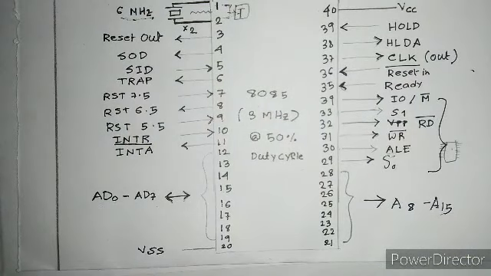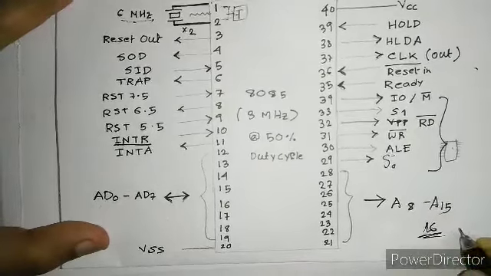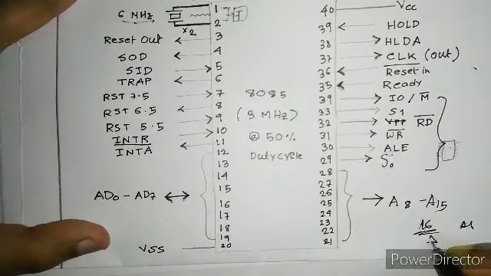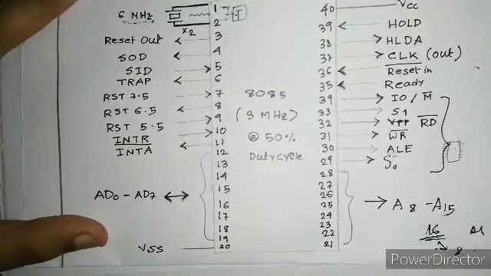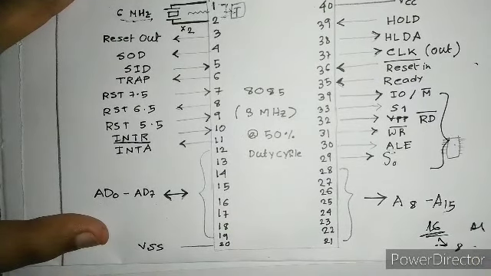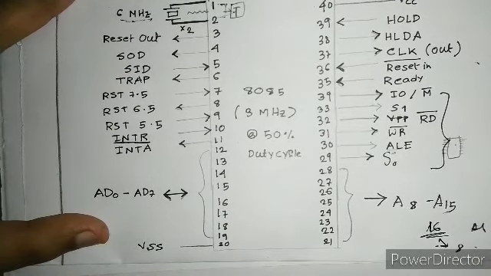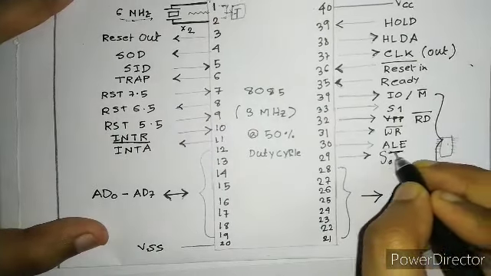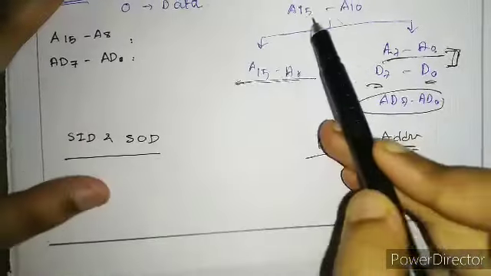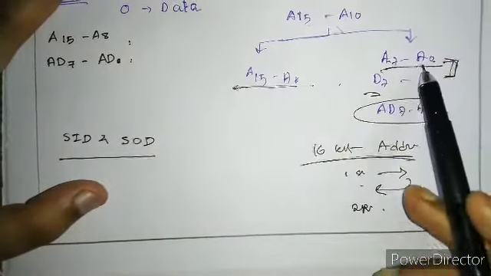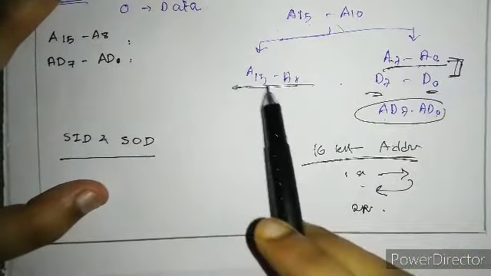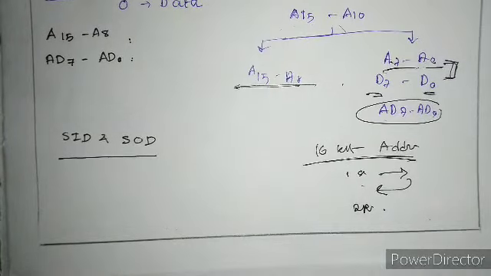But you can get confused, right? Whether in the 16 bits it is an address or in the 8 bits there is data. So this is why the address latch enable, or ALE, pin is used. How? You can divide them into two parts, AD0 to AD7 and A8 to A15.